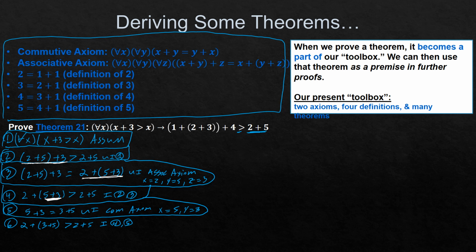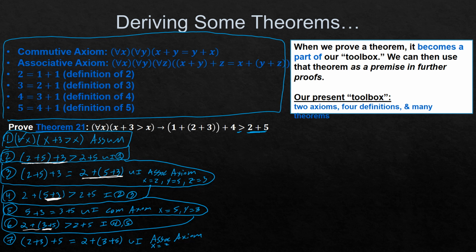But as we move on, I'm going to regroup these things. So instead of the 3 plus 5 as being grouped, how about the 2 plus 3? So for 7, we have 2 plus 3 in parentheses plus 5 is equal to 2 plus, in parentheses, the quantity 3 plus 5. So this is the universal instantiation of our associative axiom.